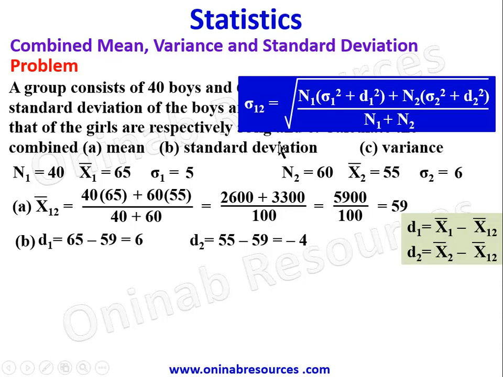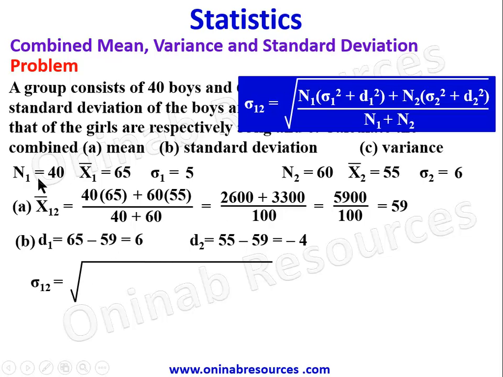Now to find sigma 12, which is the combined standard deviation, we substitute N1 and other parameters into this formula, so that we now have it as the square root of 40 into sigma 1 squared, that is 5 squared, then plus D1 squared, that is plus 6 squared, then plus 60 into sigma 2 squared, that is 6 squared, plus D2 squared, that's negative 4 squared, then over 40 plus 60.